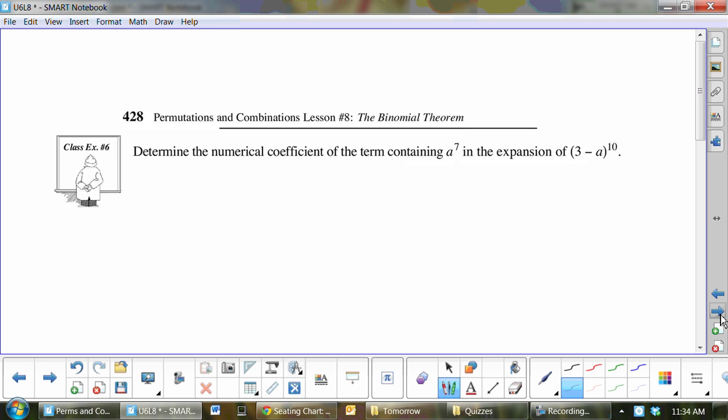Now, I want to find the numerical coefficient of the term containing a to the 7. So I am looking for something a to the 7. Some number times a to the 7th. That's what I'm looking for. In the expansion of (3 minus a) to the 10.